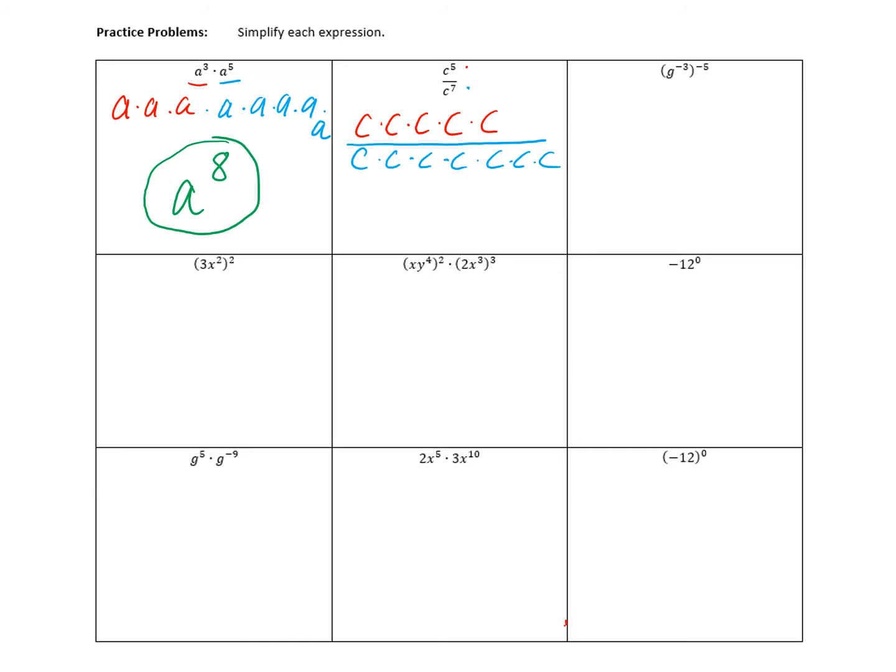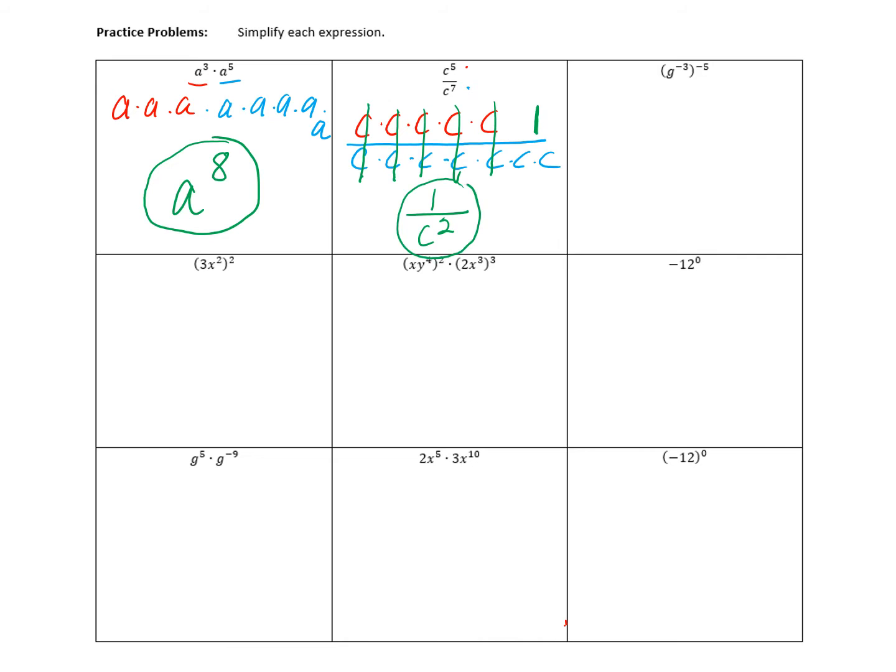If we have a c on the top and a c on the bottom, those divide. C divided by c is 1, and so on. Some kids want to say there's nothing left on the top, but technically there's a 1 up top. And then on the bottom we have c times c, which is c squared.